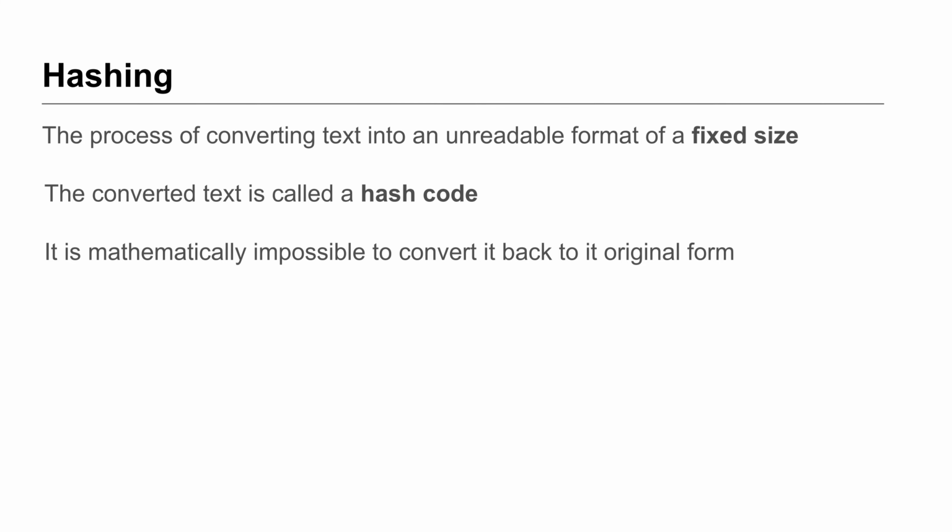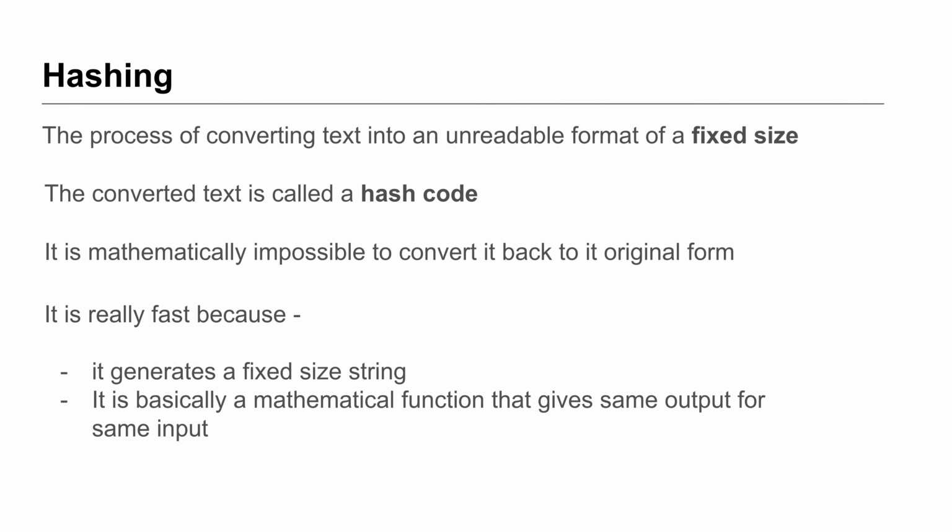You see, unlike encryption, hashing is done via mathematical functions which do a lot of calculations and generate a unique hash. Okay, and it's not possible to convert it back to the original form. Now, how it does it is a broader topic which can be discussed in another video. But for now, you have to understand that it is mathematically impossible.